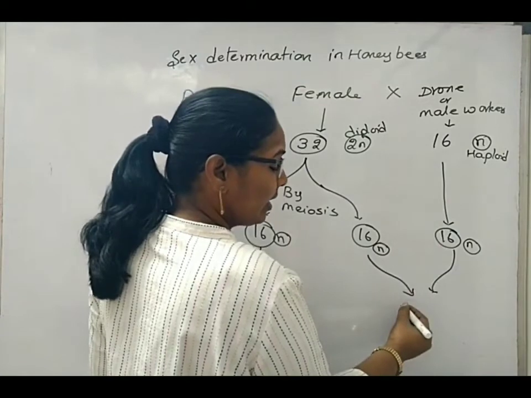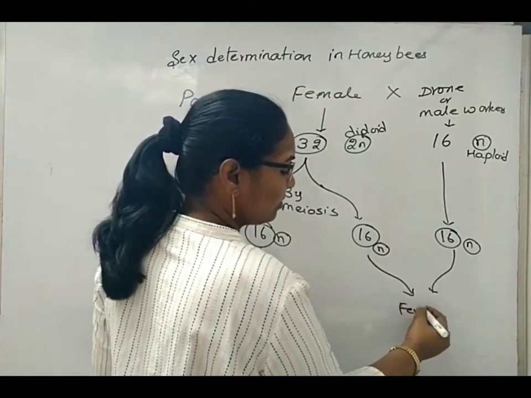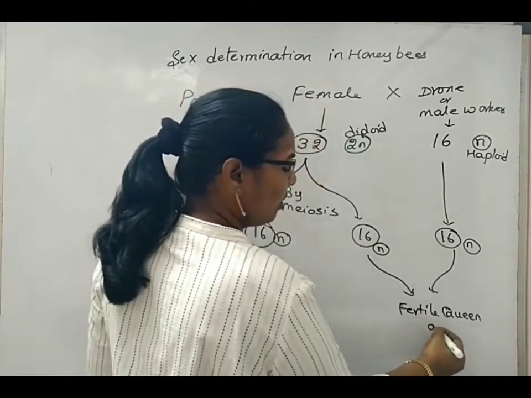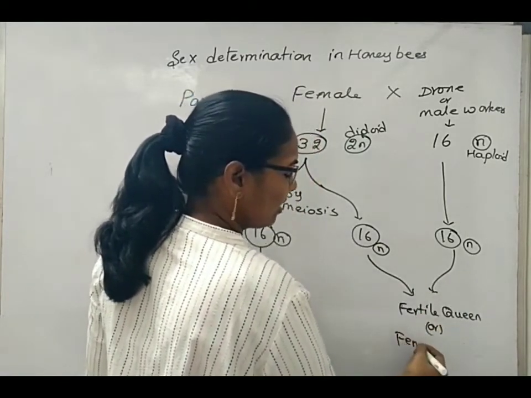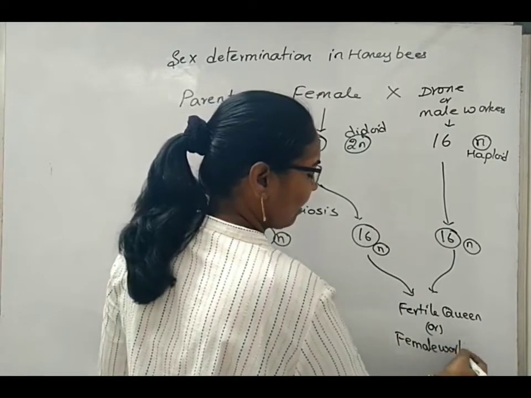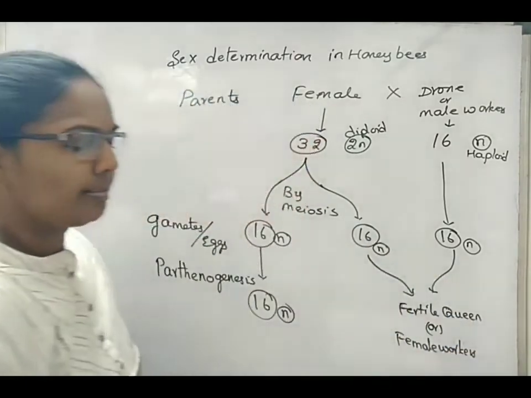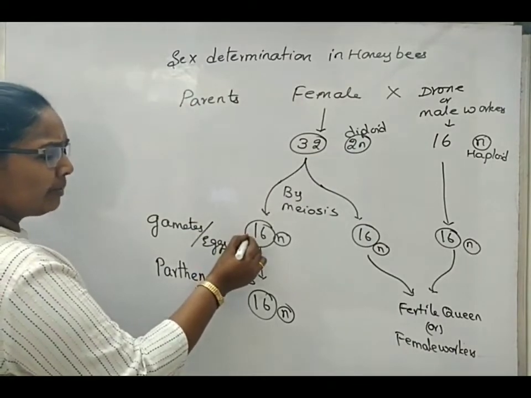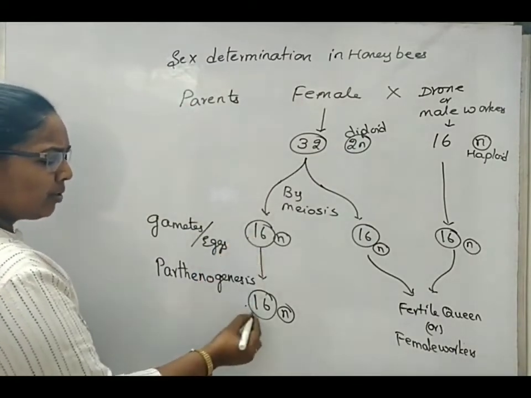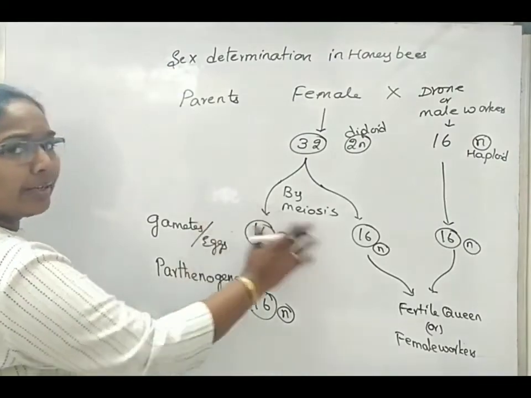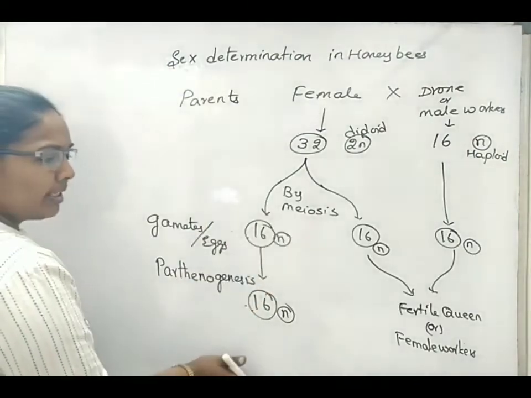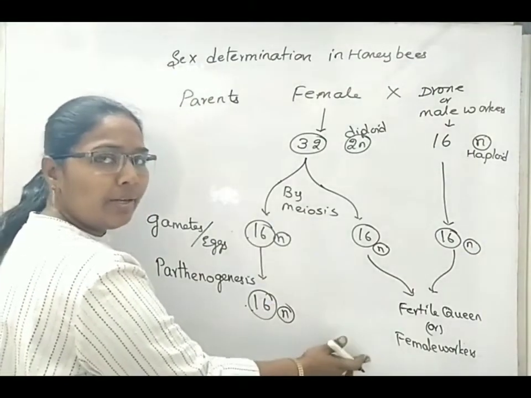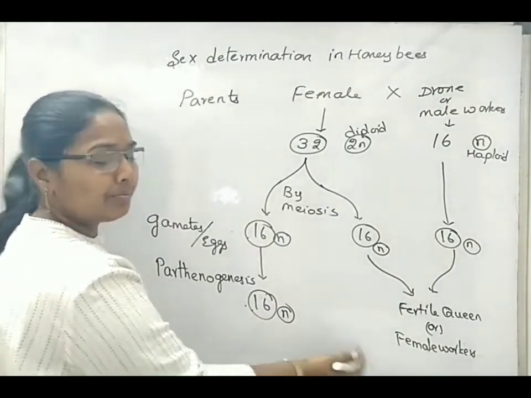Then they will be converted into a fertile queen if fed with royal jelly, or female workers. Here we are seeing this is not crossed with any type of sperm. Means the drones obtained here do not have any father, and if they are fused with female eggs, they will not have any son also.